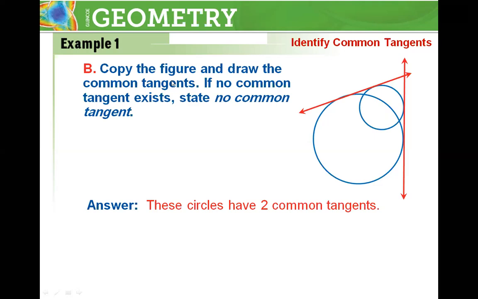So as you see, we have here this tangent, which is tangent number 1, for example, a common tangent for the big circle and the small circle. And this also is a tangent for the small circle and the big circle. So now I have two common tangents.